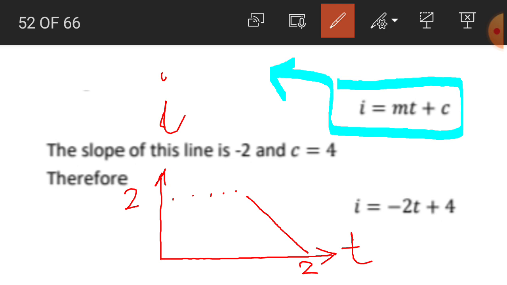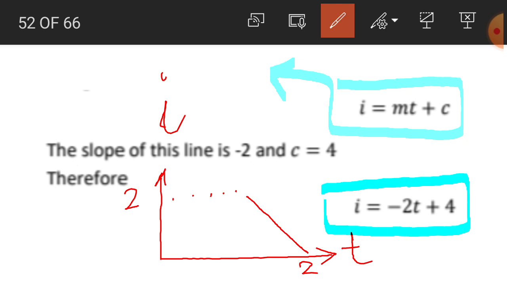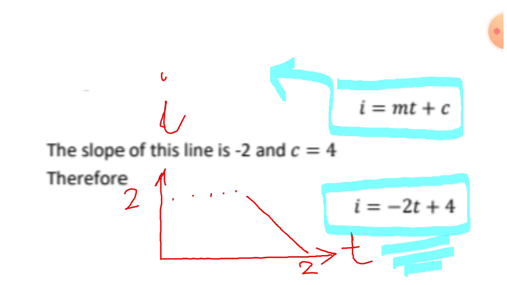So we need to calculate the slope of this line as well as y-intercept. The slope of this line comes out to be minus 2 and y-intercept comes out to be 4. Anyhow, let us calculate the slope of this line on the next slide.